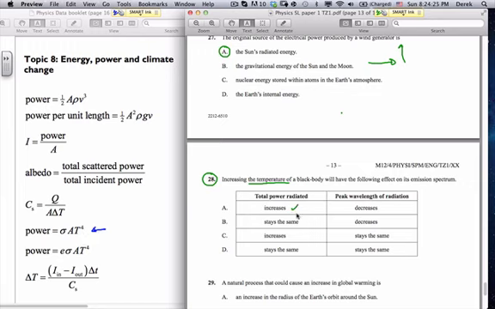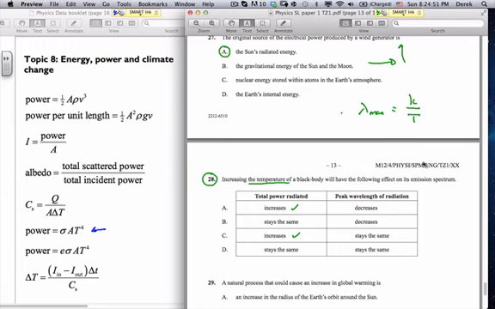But about the peak wavelength, we use Wien's law, where your wavelength max is equal to your constant divided by your temperature.